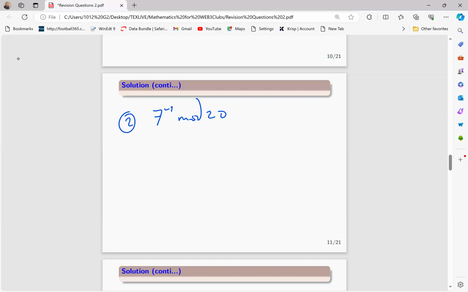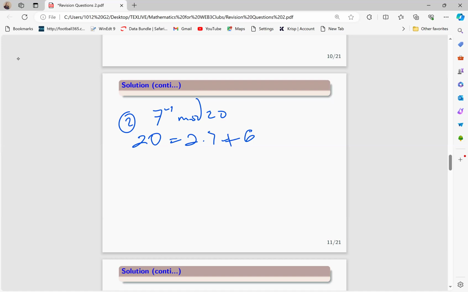So first we find the Euclidean algorithm. So it will be 20, then we see how many times 7 goes into 20. That's 2 times, 2 times 7, and then the remainder will be 6.